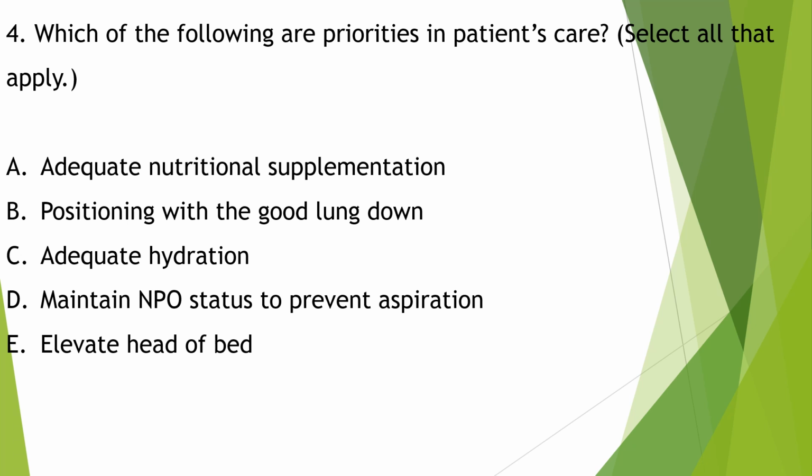Nutrition is of paramount importance in this patient. If we position the patient with a good lung down, this will increase the blood flow to the lung on that side, and also it will increase the oxygen exchange. It will also allow for the maximum expansion of the affected lung. So one, nutritional supplementation we need to give.